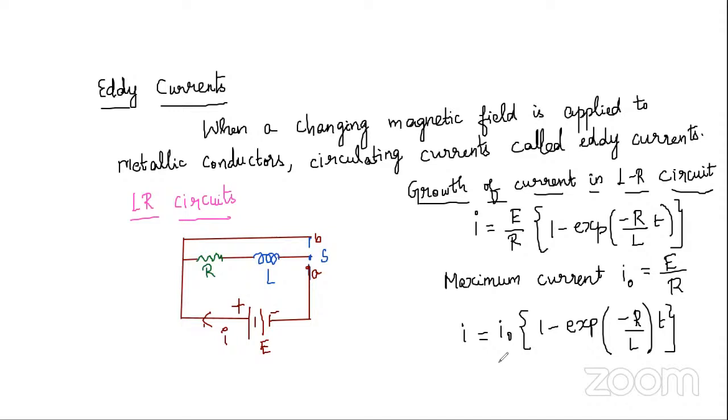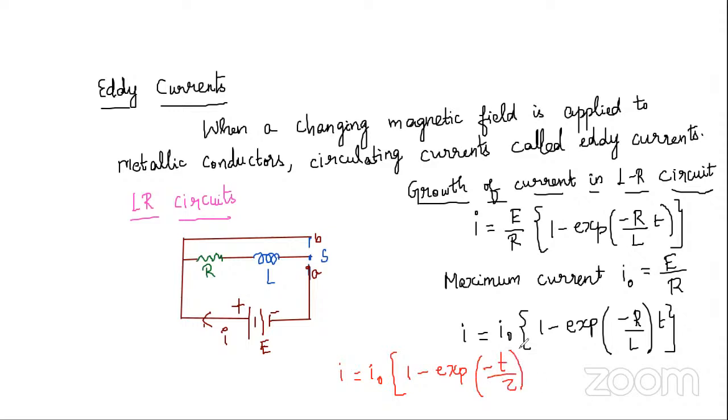Of course, you can also write this equation in another form. That will be I equals I naught within the bracket 1 minus exponential minus t by tau.